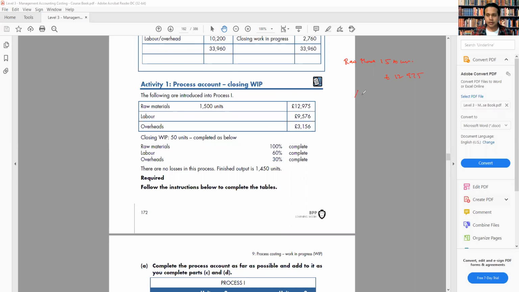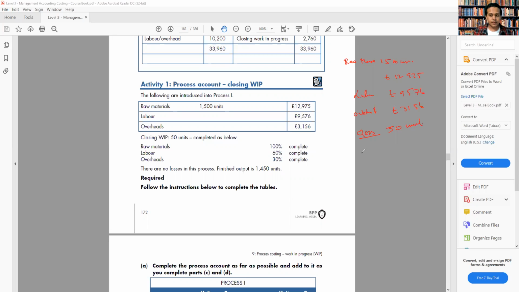Then we have labor, that is 9,576. Then we have overhead, that is 3156. That's my total process cost. And on the WIP for the closing, not for the opening, remember that opening will give you more stress. We'll see that in the next question, but here we have a closing of 50 units.